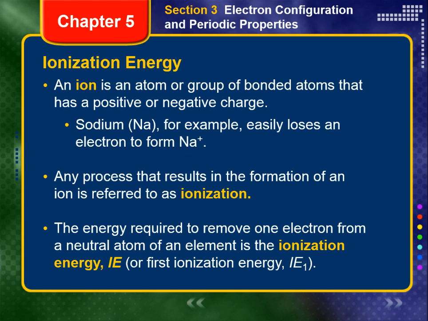To compare the ease with which atoms of different elements give up electrons, chemists compare ionization energies. The energy required to remove one electron from a neutral atom of an element is its ionization energy, or, more specifically, first ionization energy.